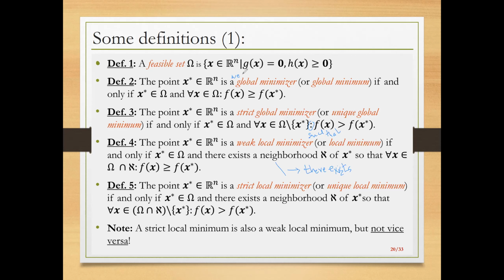As I said, this is weak global minimizer or loose global minimizer. It's the same. We can have, in a given neighborhood, more than one local minimum value. But if there is exactly one local minimum value, that's when it becomes a strict local minimizer. Yes, thank you. Okay, no more questions, carry on.